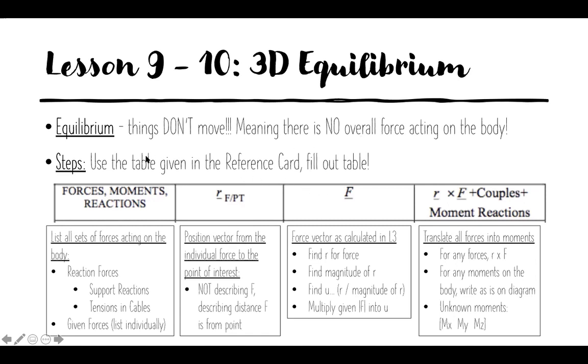So any moments that you listed over here, so moment reactions, given moments, anything like that, is just going to translate exactly over to this column as it's written, because you're not going to want to convert them again to a moment, because then they're not a moment. So anything that's related to moments goes straight into this column. And if you have an unknown moment, you write it as mx, my, mz. Any questions in terms of how you go about filling out this column?